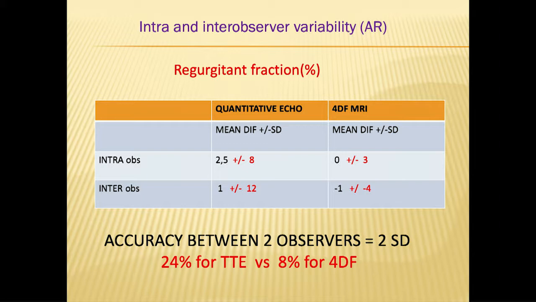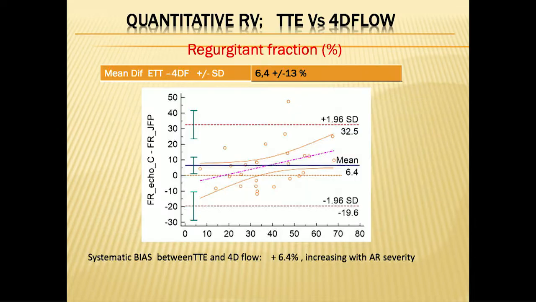So we compare the variability between echo and 4D flow MRI, and the standard deviation of our measurement, from me and my colleague, who also has good experience with 4D flow, was 4%. So it means that the precision is 8% with 4D flow compared to 24% only with TTE, which means that the precision of 4D flow is much better than TTE.